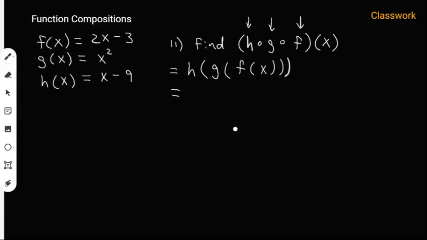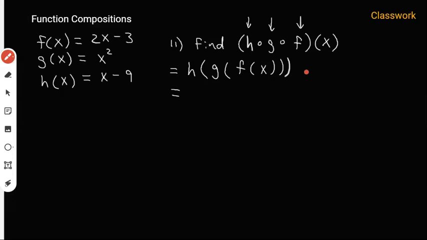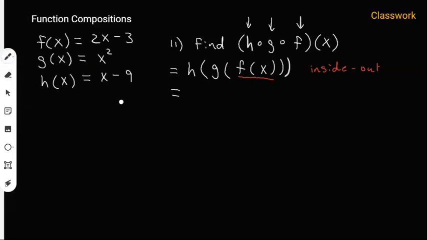Okay? So now let's work our way inside out. What that means is we're going to start off with what's on the inside, f of x, and we're going to replace that with whatever it's defined to be over here on the left side. So I know that f of x is equal to 2x minus 3.